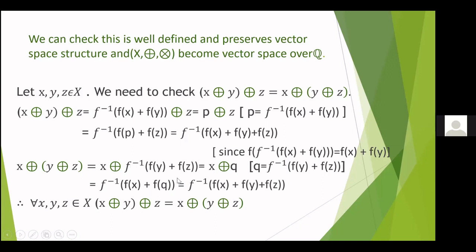And what will be my Fq? Fq is F composed with F inverse of (F of y plus F of z). Since F composed with F inverse is an identity map, it will give me F of y plus F of z. So the result here and in the previous case are both the same. So it means with respect to this addition, the associative property holds.